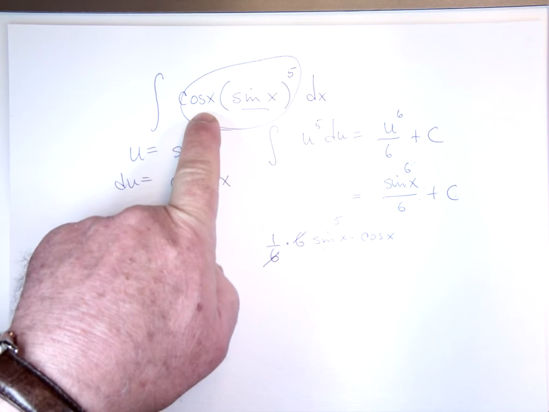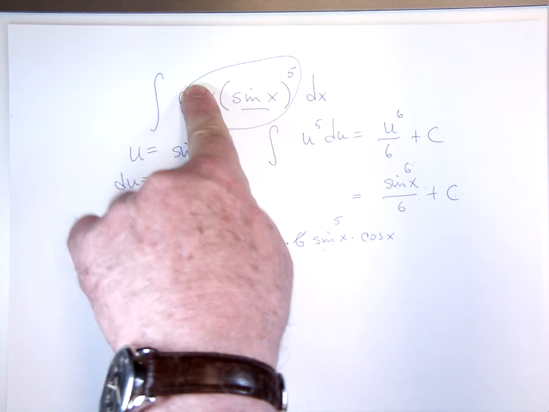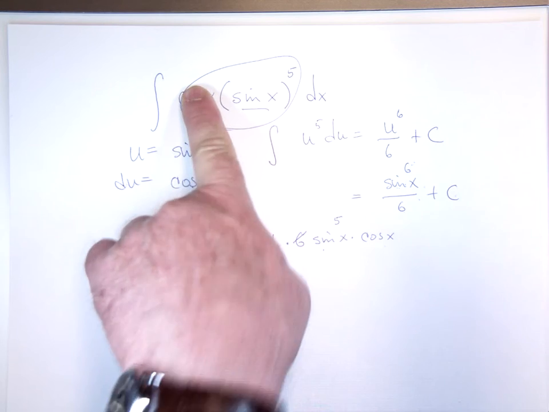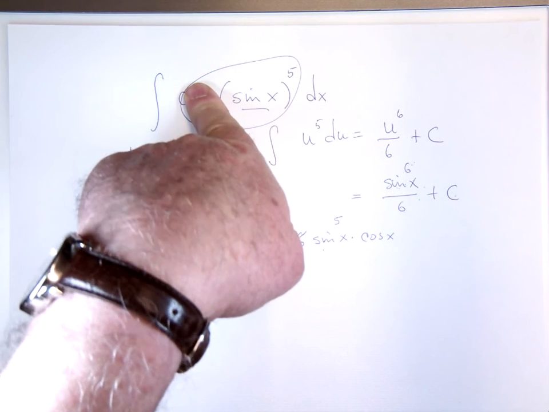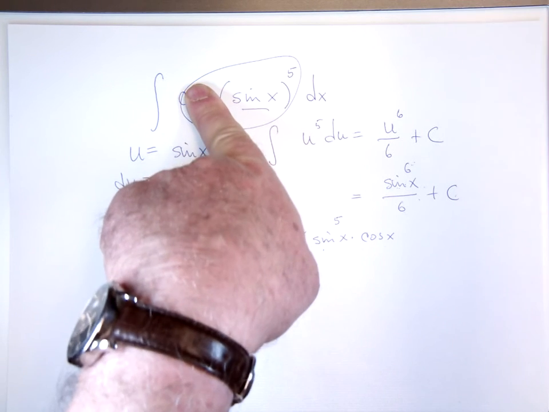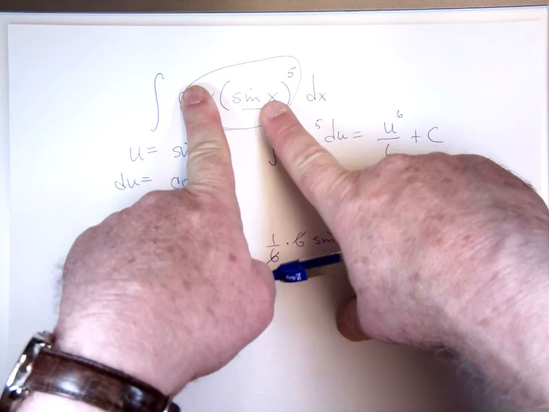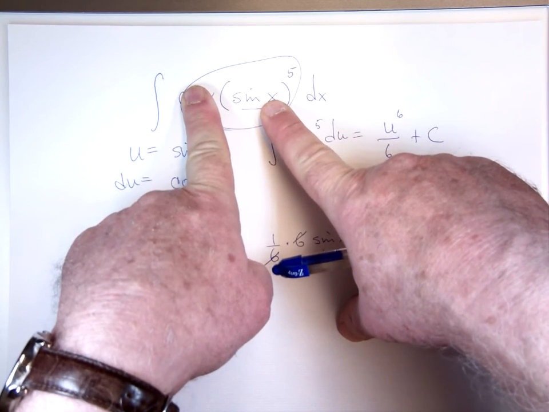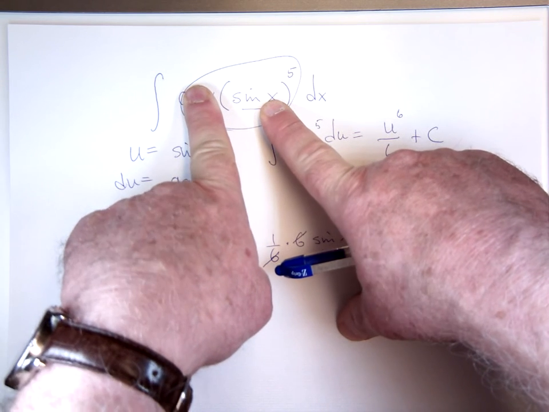In our third chapter, we're going to do things like the integral of sine x to the fifth. We don't have the cosine. What we're going to do at that point is manufacture a cosine to use as the du. We'll do that by splitting this sine to the fifth up into a sine x times sine to the fourth. Then we take the sine to the fourth and write it in terms of cosines, and each of those cosines will get a sine to serve as the du.